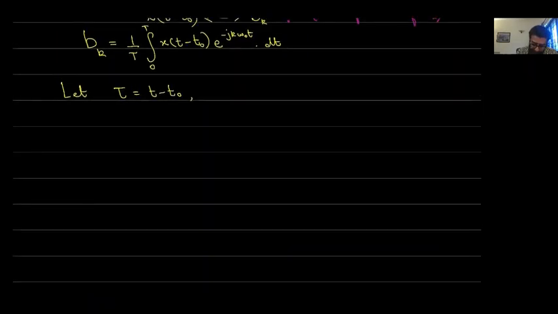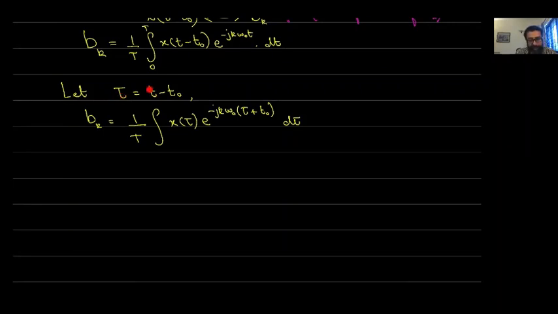So b sub k's, therefore, are given as 1 upon T, times this integral, where this is x of tau, and this is e raised to the power minus j k omega naught, t is tau plus t naught, so this becomes tau plus t naught, and dt is the same as d tau. As far as the integral limits are concerned, when t equals 0, tau is minus t naught.